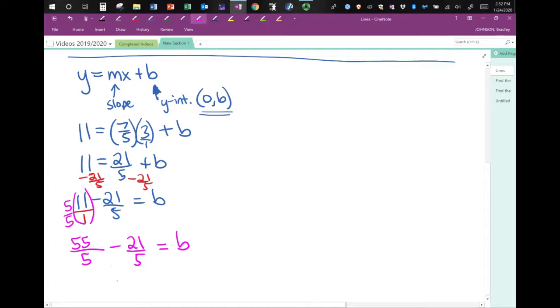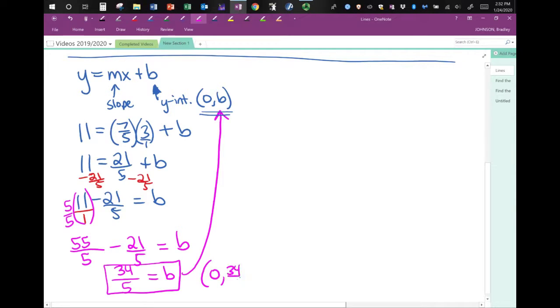Subtracting fractions, we have a common denominator now of 5. 55 minus 21 is 34 over 5. So our b, which is the y-coordinate of the y-intercept, is 34 over 5, so (0, 34/5) is actually another point on this line.